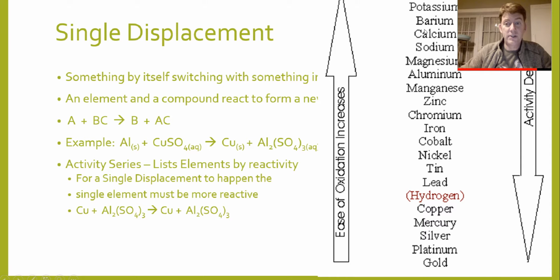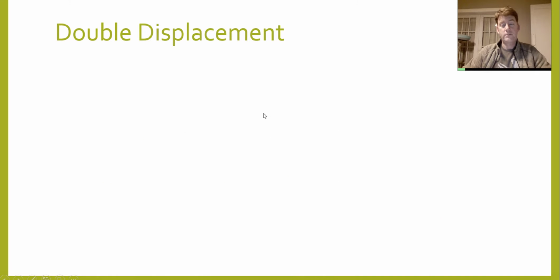So this activity series is important. It's probably bookmarked in your book already. If not, you'll want one in there because you'll need to flip to this every time you're looking at a single displacement reaction to see if it actually happens.